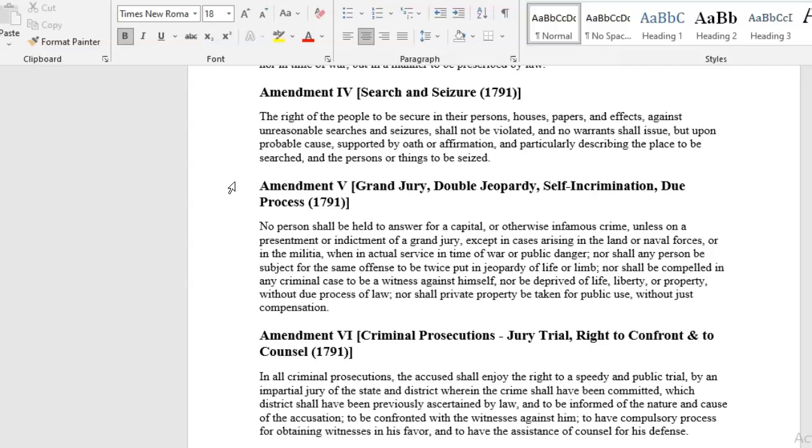But here's another really important thing, especially if you have any kind of legal issue. Because no warrant shall issue but upon, and now this says no warrants. None. Period. Of any kind. The word N-O means none. No warrant shall issue but upon probable cause, supported by oath or affirmation.